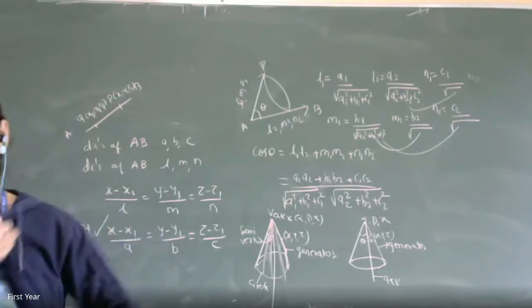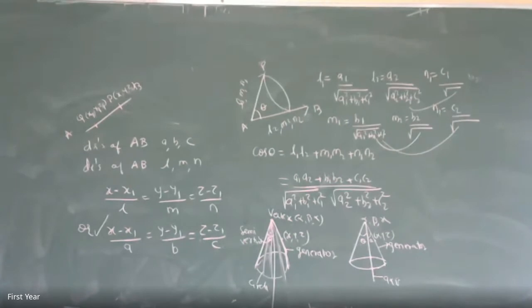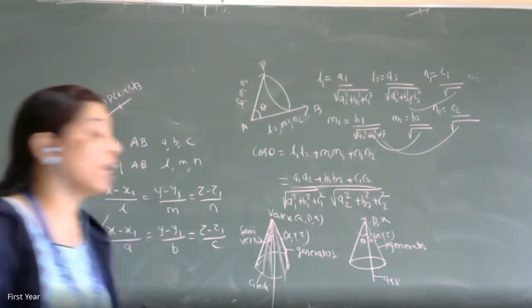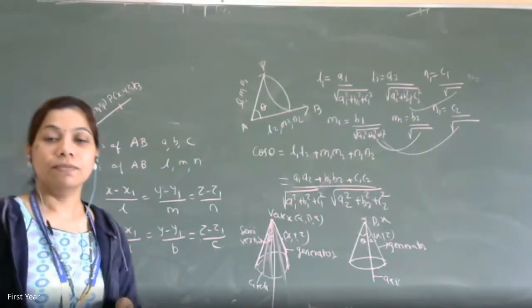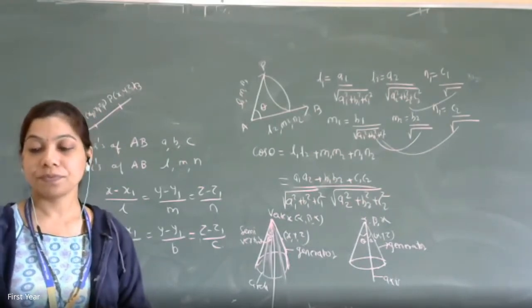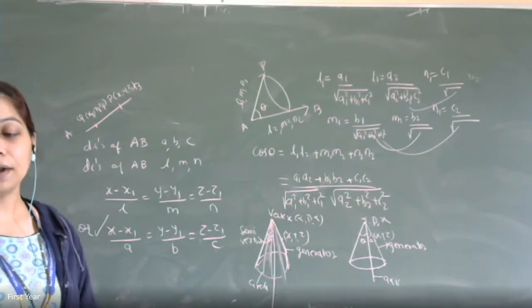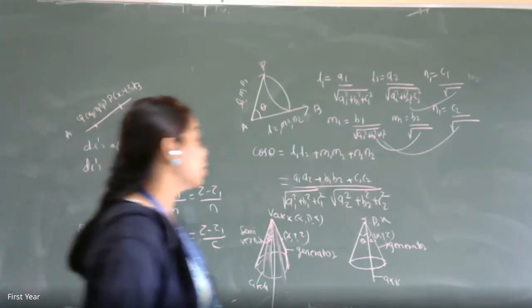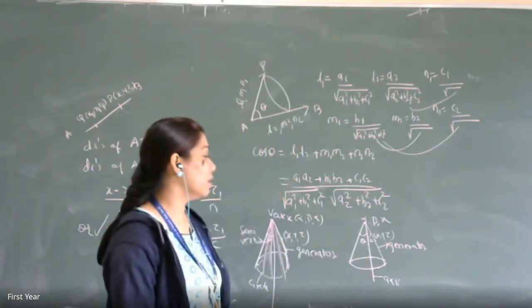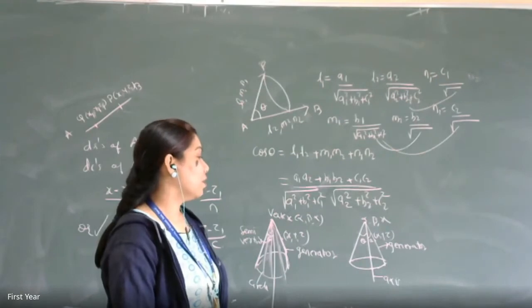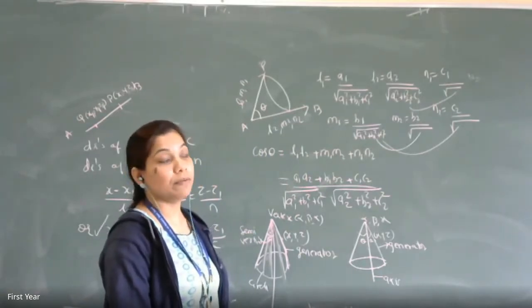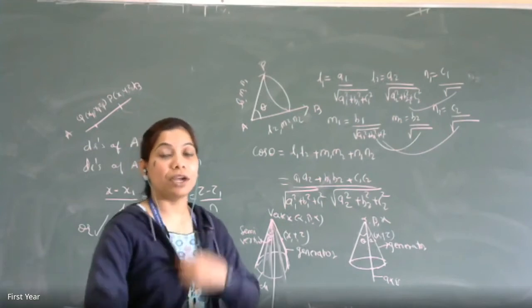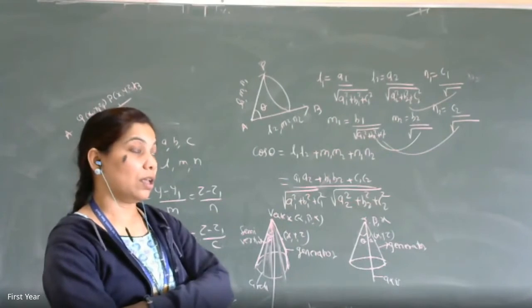Surface generated by a straight line passing through a fixed point and making a constant angle theta with a fixed line, in brackets write axis, is called a right circular cone.